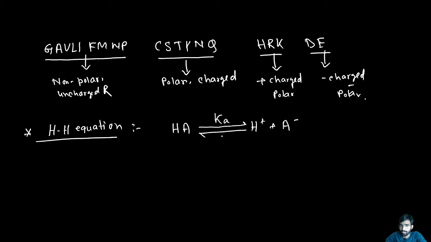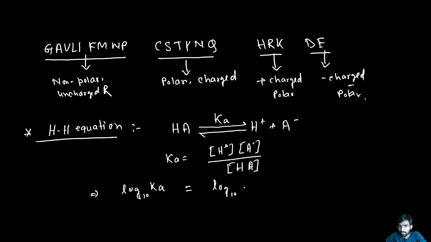So if you write Ka here, what will you write? Ka equals H plus times A minus divided by HA. Now if I tell you to take log base 10 of both sides, that will be log Ka equals log of H plus, A minus by HA.